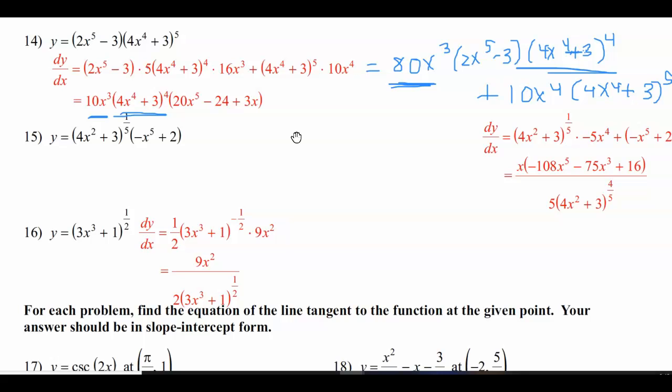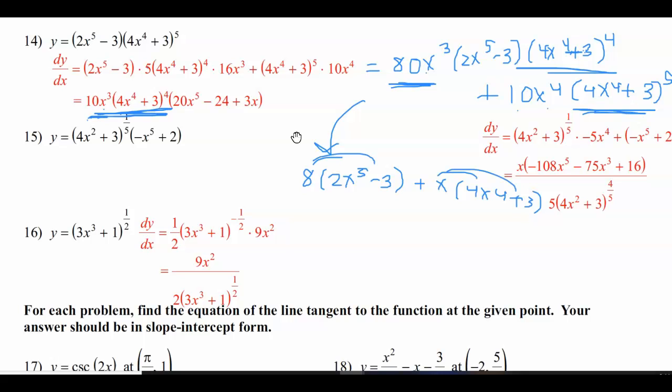Like I said, they said 80 and 10 both divide by 10, so they brought out a 10. X cubed, x to the 4th, so they brought out x cubed. And then both terms contained 4 of these, so they brought that out in front. What was left behind is here: this would leave behind an 8 and 2x to the 5th minus 3, and that would leave behind an x and 4x to the 4th plus 3. Then they just distributed and combined like terms.